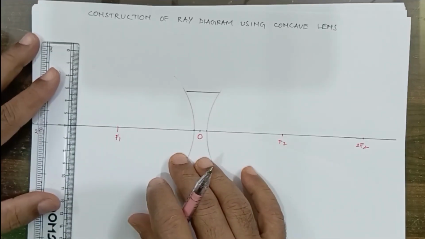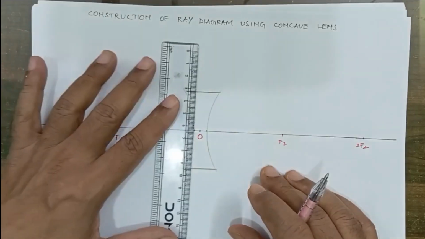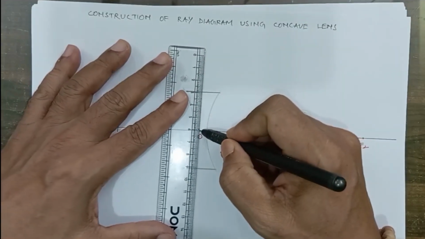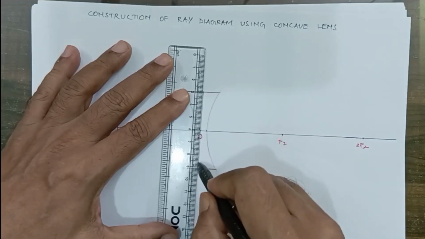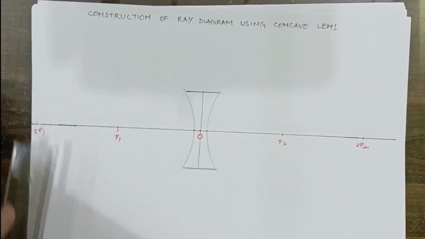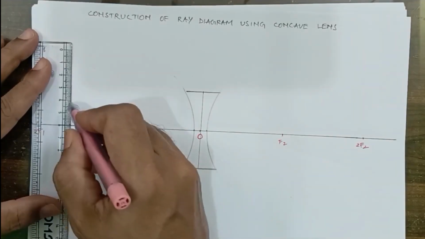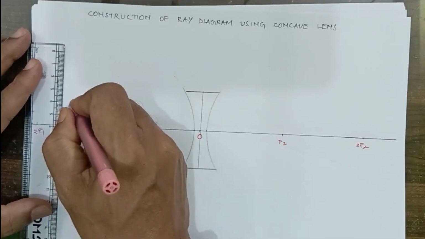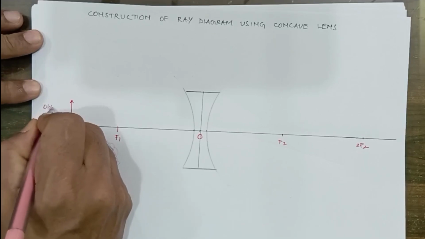Now consider an object. Before drawing the object, let us draw the central line of the lens, which is perpendicular to the principal axis and passing through the optical center. So this is the center line of the lens. Now draw an object of approximately 2 centimeters at some point on the principal axis. So this is the object.